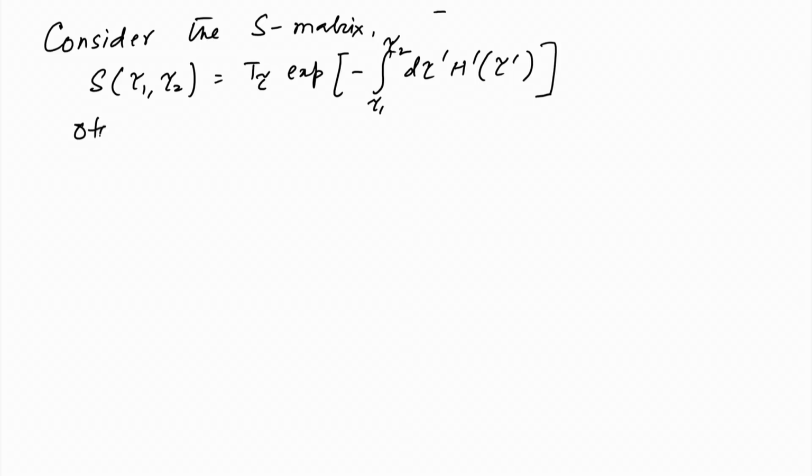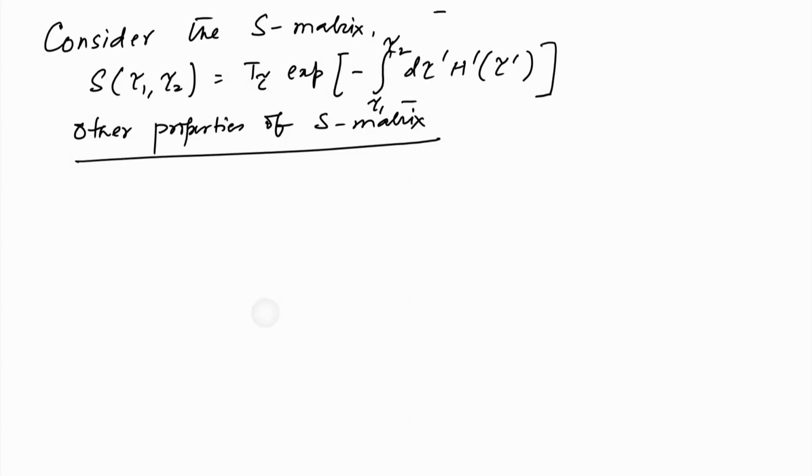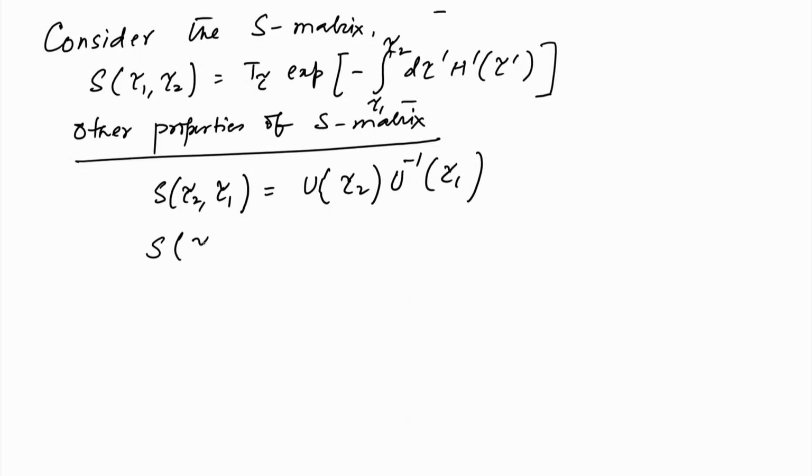Other properties of the S matrix include that S of tau 2, tau 1 can be written in terms of the U operators like U of tau 2 times U inverse of tau 1, and also S of tau 3, tau 2 multiplied by S of tau 2, tau 1 will combine to give S of tau 3, tau 1. All these properties we have seen for the S matrix.